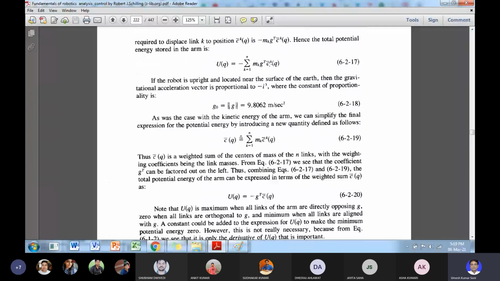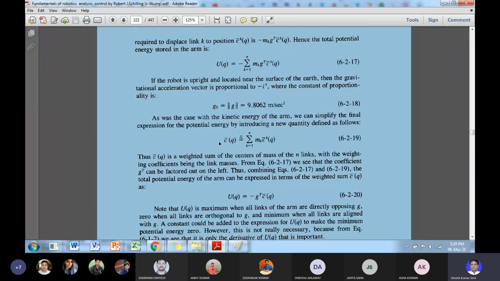Ultimately this term, the sum of mk Ck(q), can be termed as C bar(q) in one term, equation 6.19. This complete term has been replaced, equal to Ck.